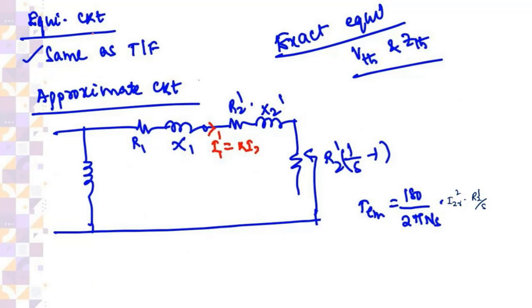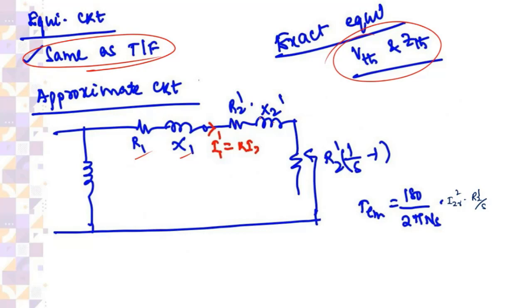There is one more topic, that is the equivalent circuit. It is the same as a transformer. But sometimes they'll ask for the exact equivalent circuit. When they do, you need to calculate Thevenin's voltage and Thevenin's impedance and go ahead. Otherwise, simply R1, X1 is the approximate equivalent circuit, with R2 dash and X2 dash. R2 dash will be R2 by K square, X2 dash will be X2 by K square.